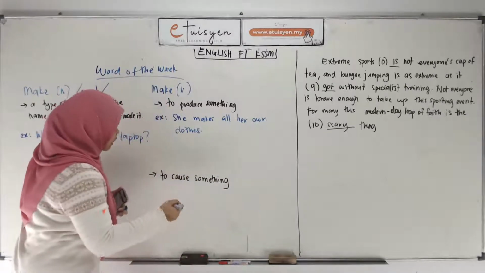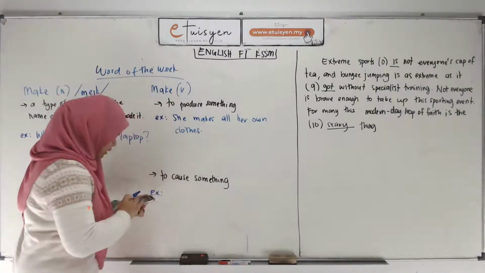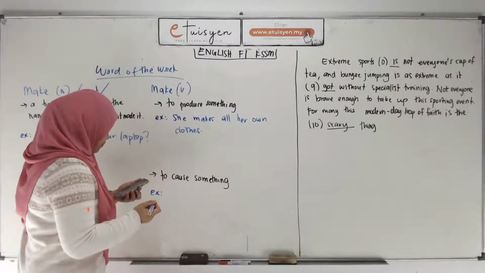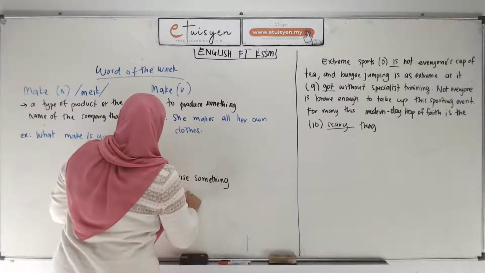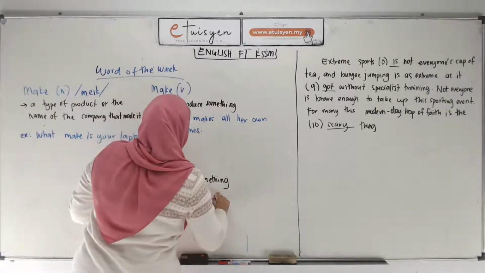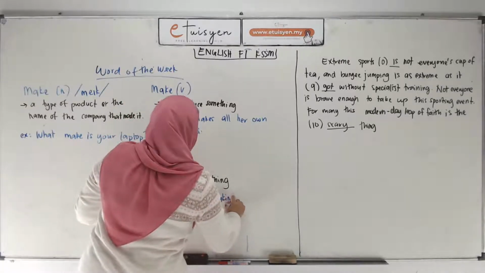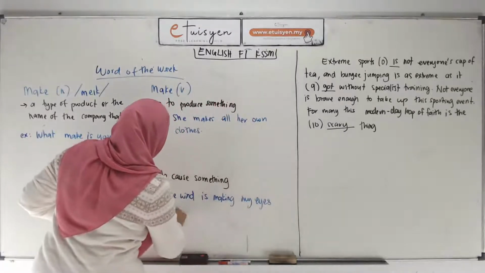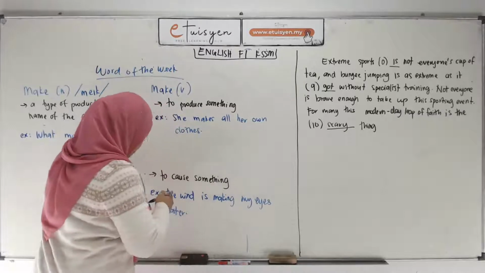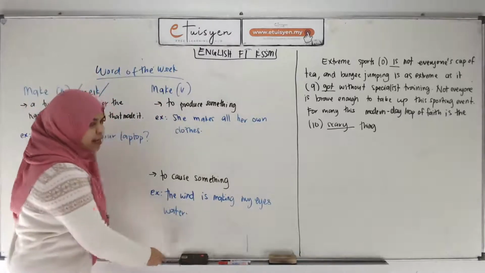The second one is how do you use this in a sentence? Yang to cause ni pula, the wind is making my eyes water. Okay, so the wind is making my eyes water.